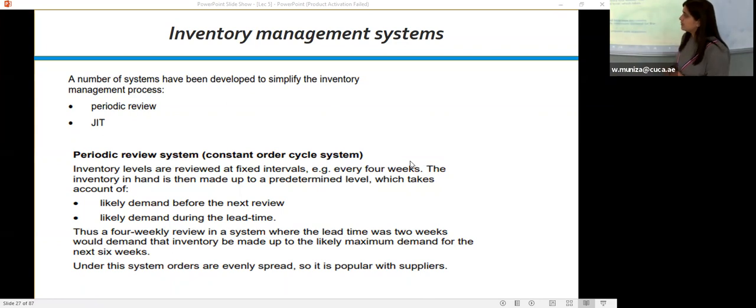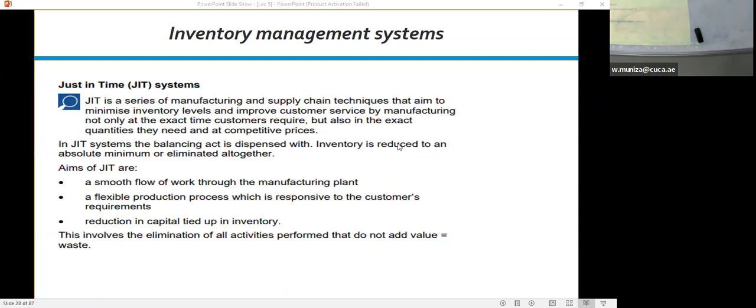So inventory would be made up to likely maximum demand for the next 6 weeks. Under this system, orders are evenly spread, so it is popular with suppliers. So periodic review is popular among suppliers, and just in time is also popular, but maintaining operations with just in time can become a little bit challenging for the organizations.